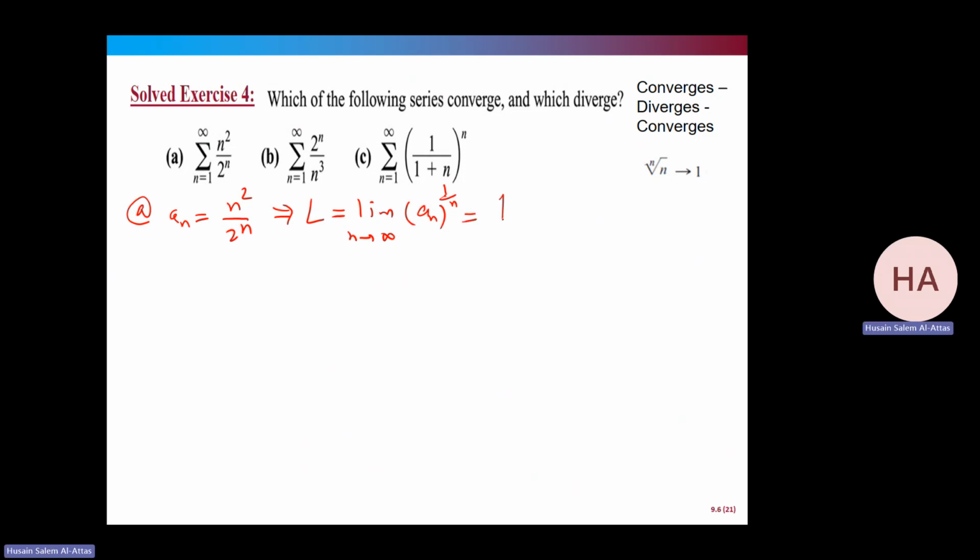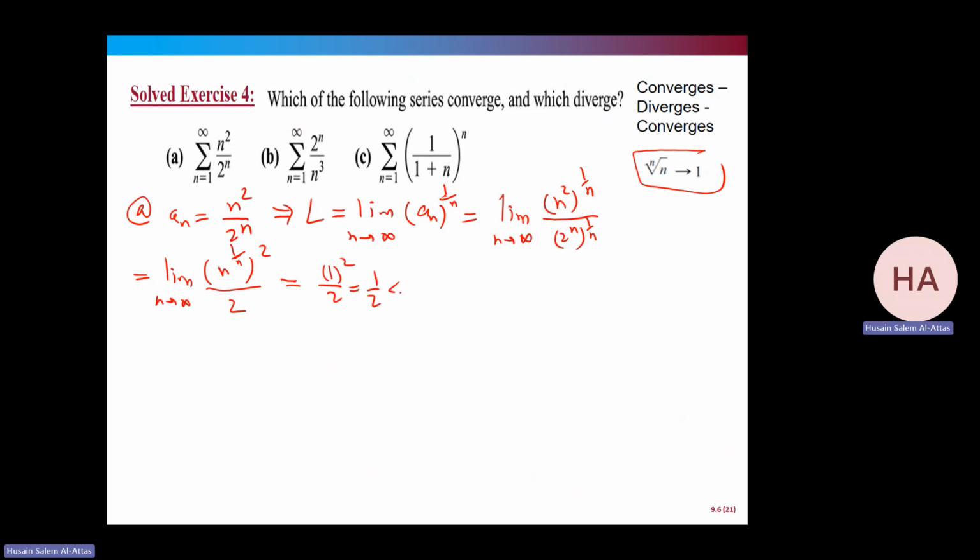That will be the limit as n goes to infinity of (n squared) all to the power 1/n over (2 to the power n) all to the power 1/n. And that will be the limit of (n to the 1/n) all squared over 2. This goes to 1, so it will be 1 squared over 2, which is half, less than 1. So this series converges absolutely.